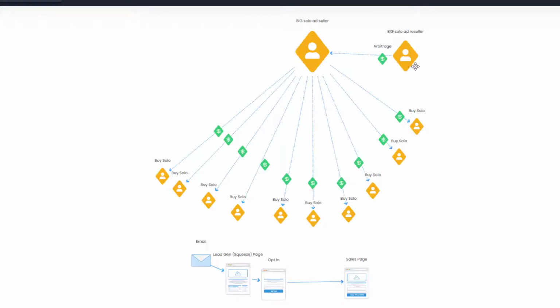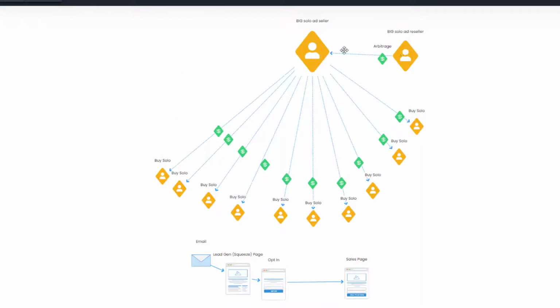The reseller may in fact buy clicks from this guy at a lower price, so he'll get a wholesale price, and this person may in fact also be selling clicks to the solo ad buyers who are represented down here.